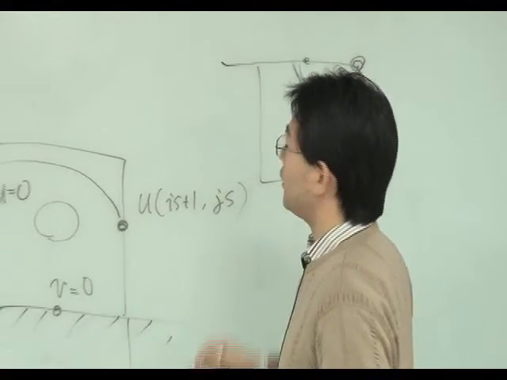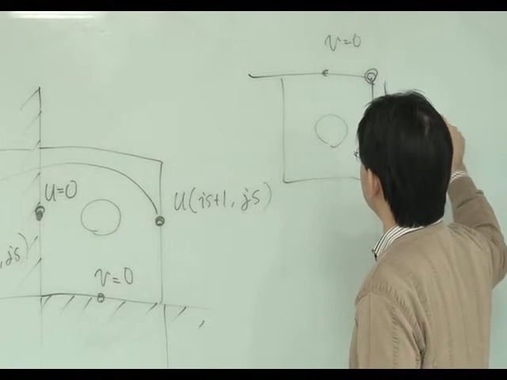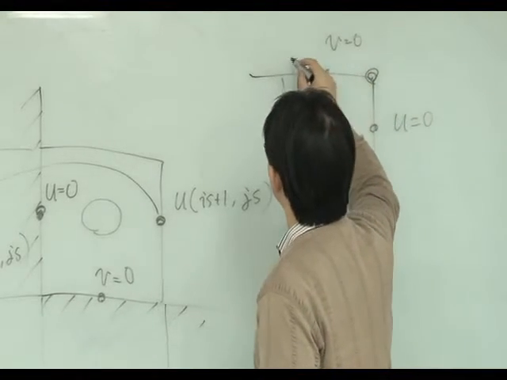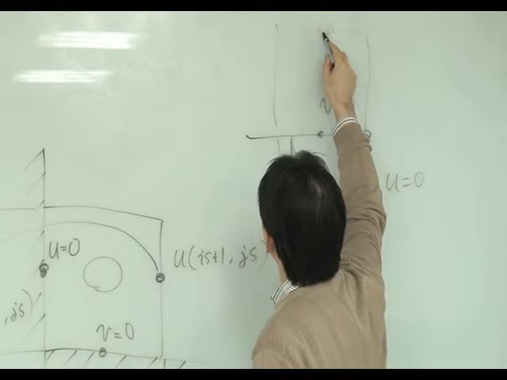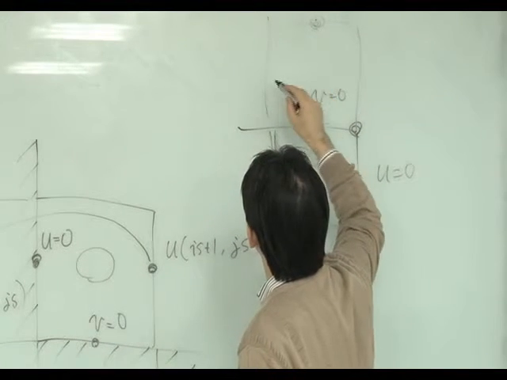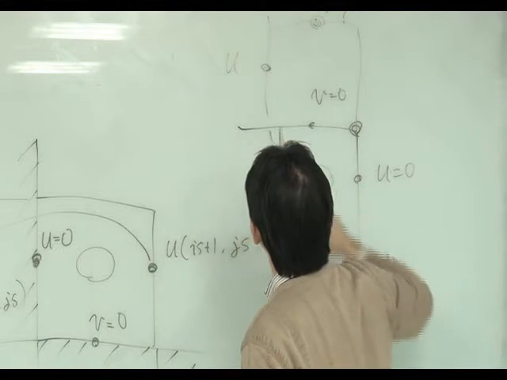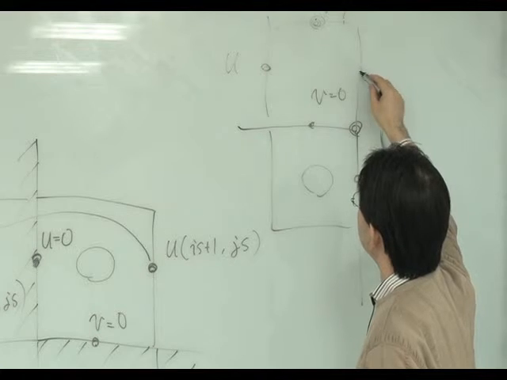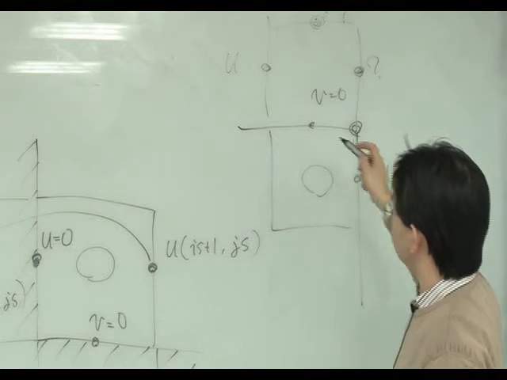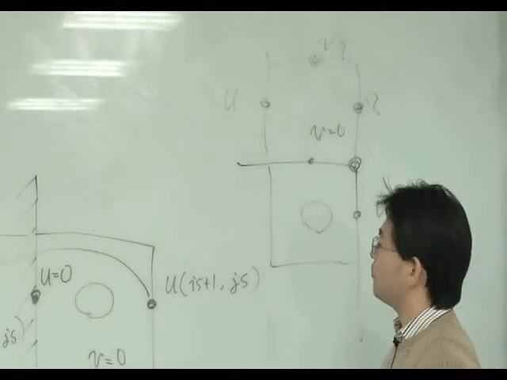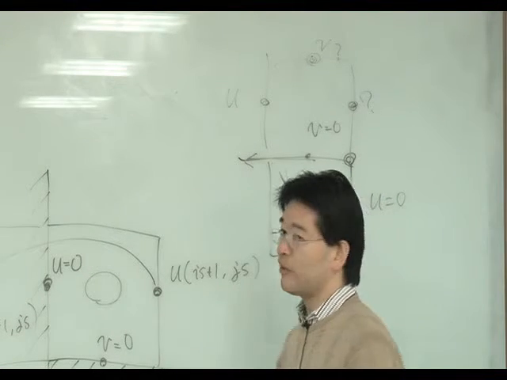In this case, this V point is equal to 0, and the U is equal to 0, and you have to determine this V value and this U value, and I guess this one is also required. These U values should be determined with the condition of moving velocity.